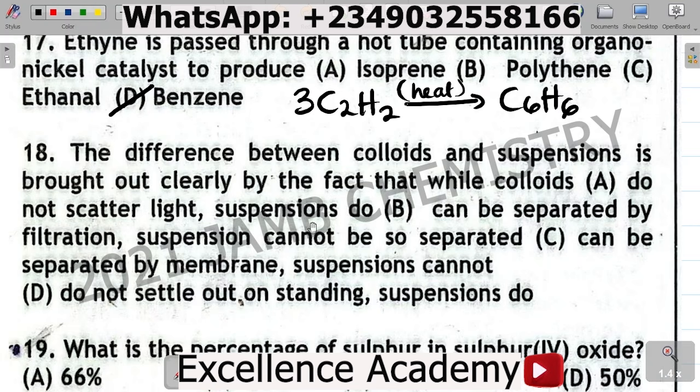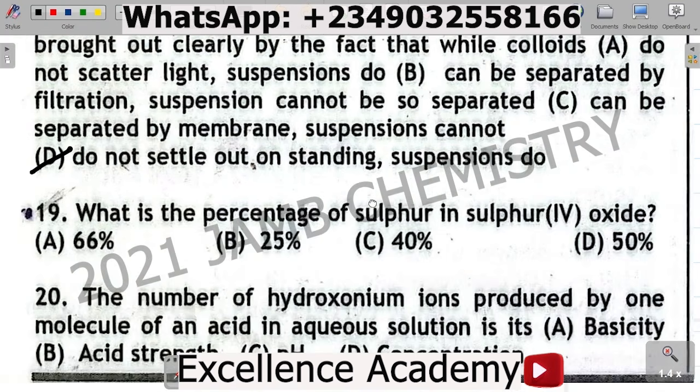What is the correct answer to this question? Colloids remain dispersed and do not settle on standing, whereas suspensions settle out on standing. So the correct option here is D. Colloids do not settle out on standing, meanwhile suspensions do. That's your correct answer.